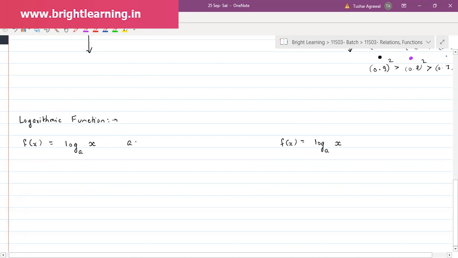First case, sir, a is greater than 1, and the second case, sir, a is between 0 and 1.